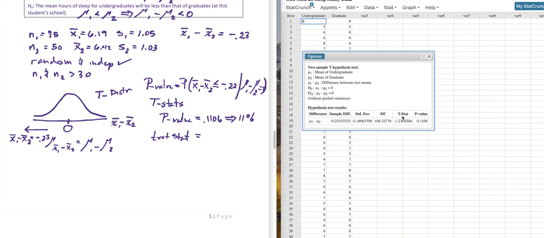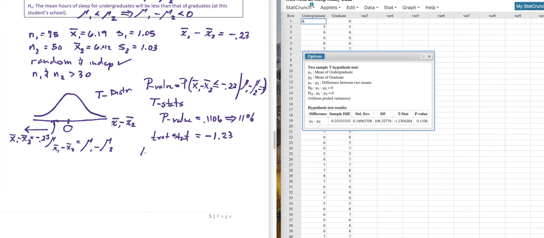And what also backs that up for us is this test statistic. We are only 1.23 standard deviations to the left of the mean. So we're maybe somewhere about right there for our test statistic. We can see that both of these things are leading us to the conclusion that when H0 is true, we have a perfectly reasonable result, not unusual in any way.